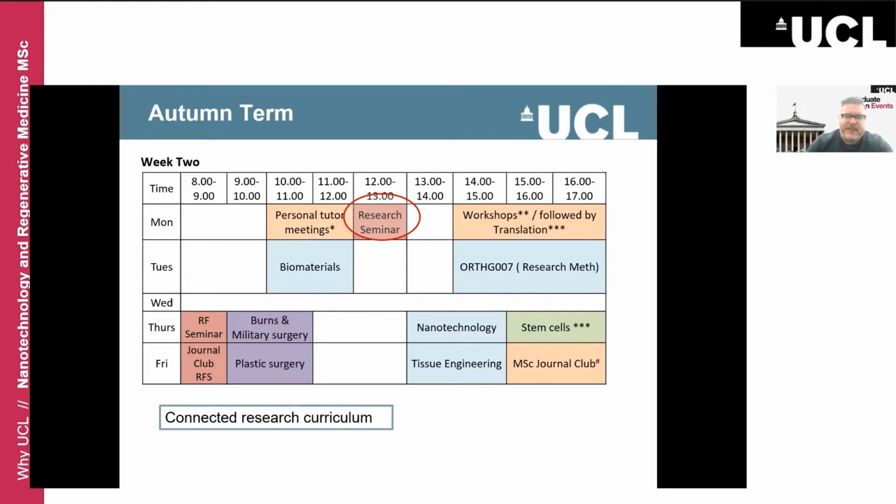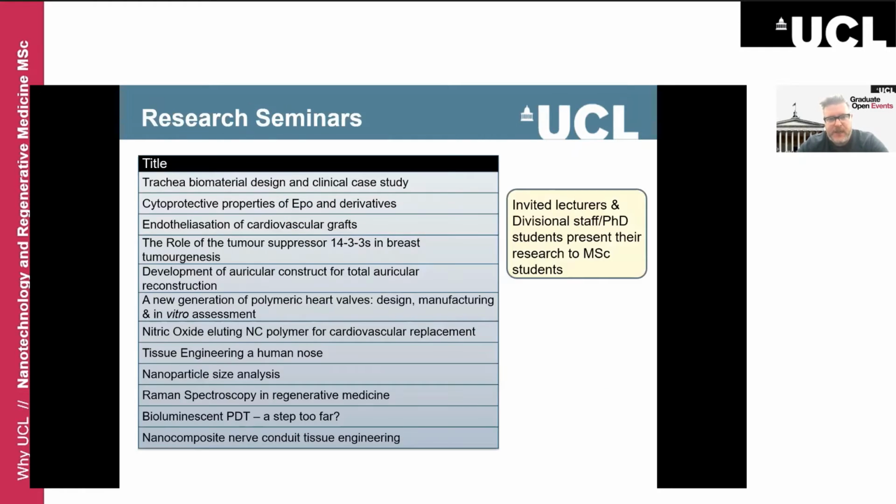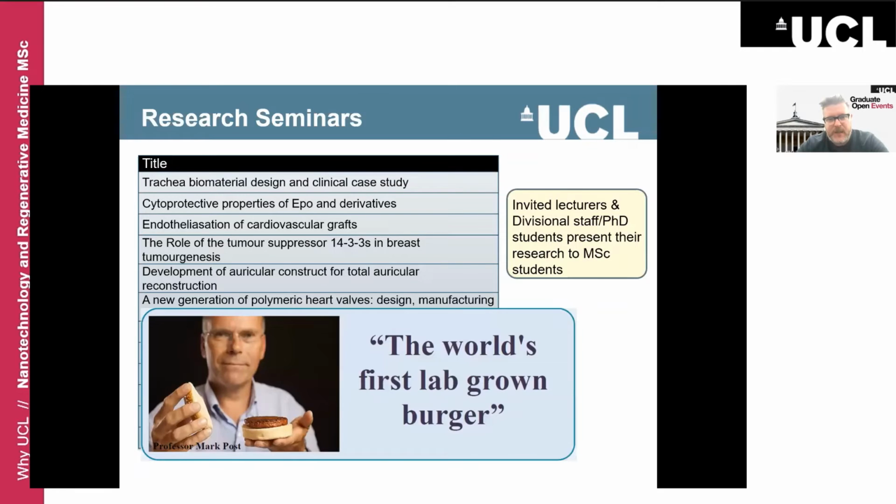Sometimes they're guests from outside of our department, but sometimes they're talking about research that's been completed within our department. This is Mark Post, who you might have heard of from Synthetic Burgers. He and his research group in Holland came to speak a while ago, talking about making meat derived from cow stem cells.